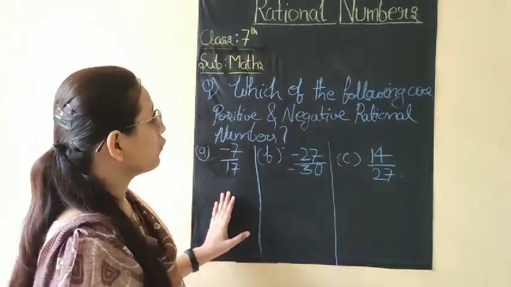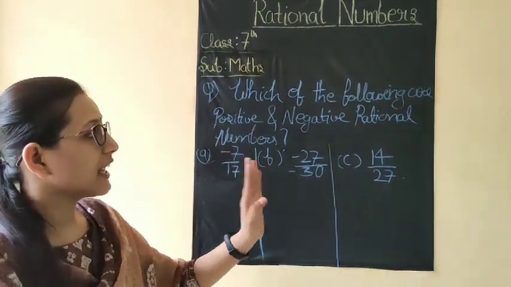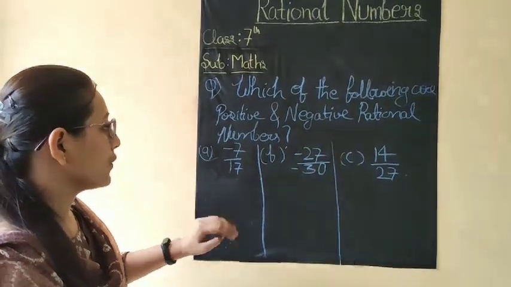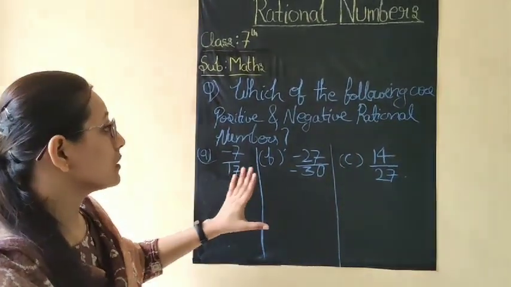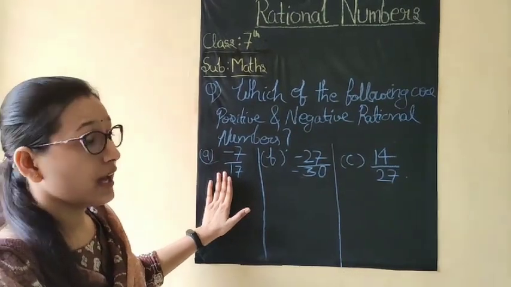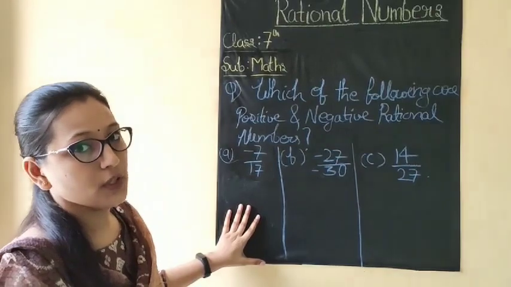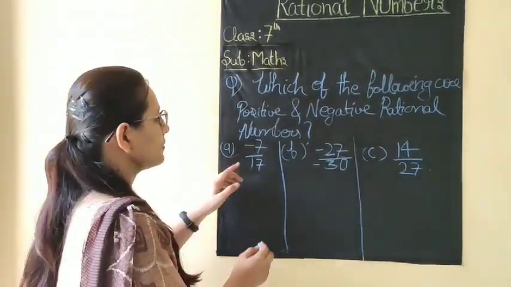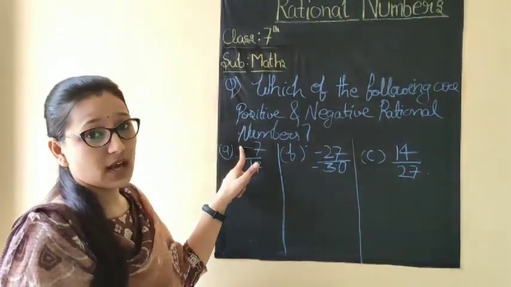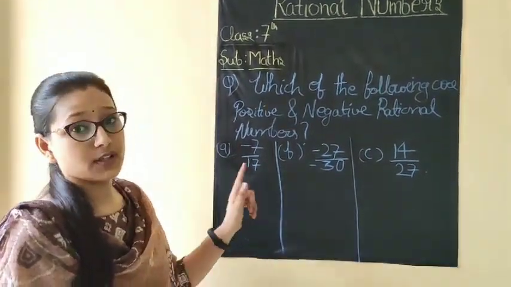Now let's solve one question. Which of the following are positive and negative rational numbers? A few rational numbers are given and we have to find out which are positive and which are negative. So let's solve. First, part A. There is a negative sign in the numerator and a positive denominator.